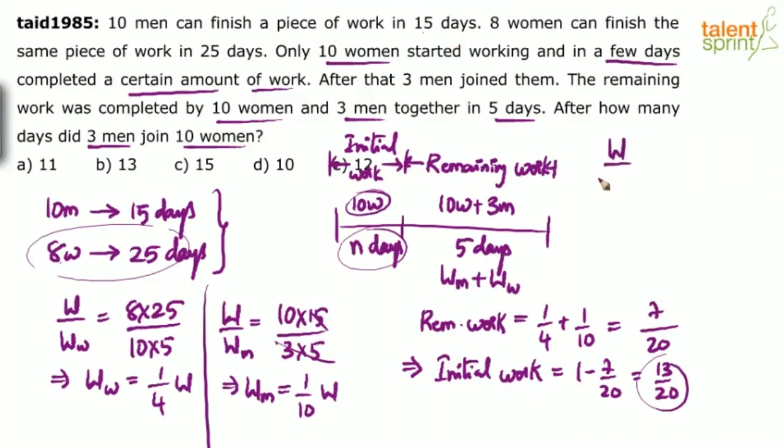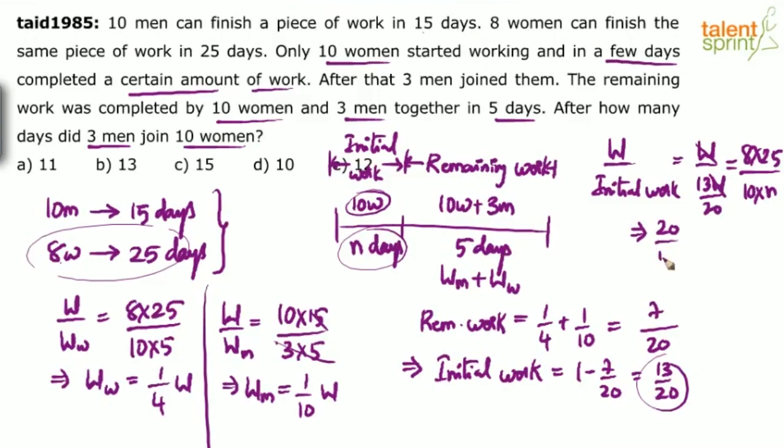Total work W by initial work is equal to 13 W by 20, which is equal to the total work that can be done by 8 women in 25 days. This work was done by 10 women in how many days? 10 into n. Simplify. So what happens? W anyway gets cancelled. We get 20 by 13 equals 8 into 25, 200 by 10 into n, which implies n is equal to 13. Option B.